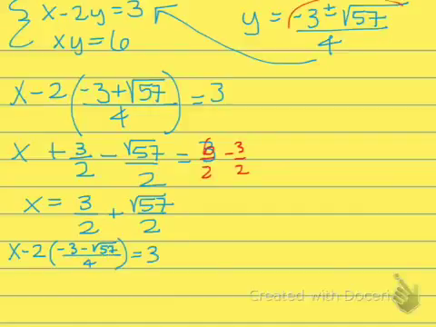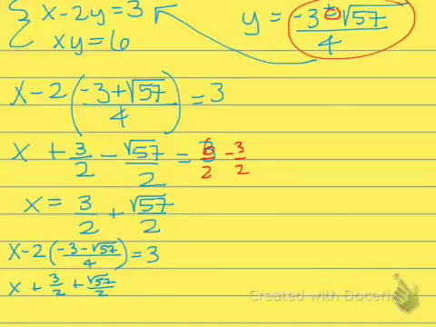So now we're going to take the exact same thing. We're going to take this y again, but we're going to take the negative version of it and plug it in. So we get x minus 2 times negative 3 minus square root of 57 over 4 equals 3. And if you notice, everything's pretty much the same except for that negative sign. So instead of minus square root of 57 over 2, it's going to be plus square root of 57 over 2.